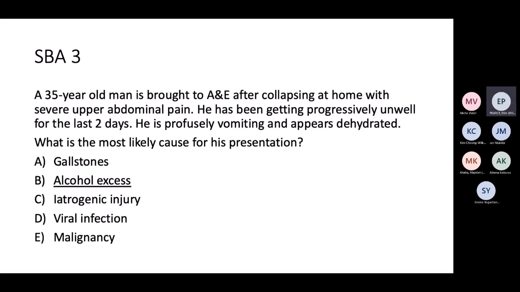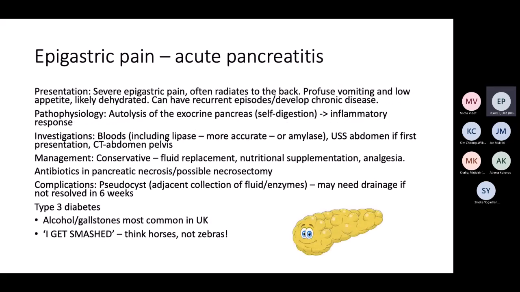Gallstones, yes, so gallstones is a top reason for pancreatitis. We'll come on to that in a moment, but he is the wrong demographic, if you like. He's slightly too young, he's male, so it's possible, but not the most likely cause we're going for.